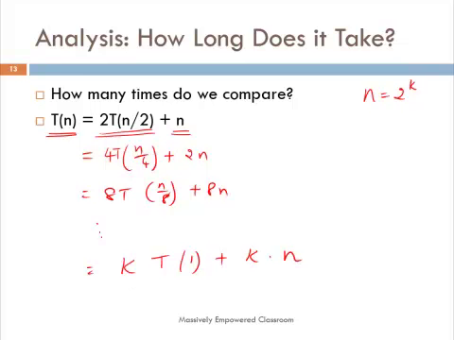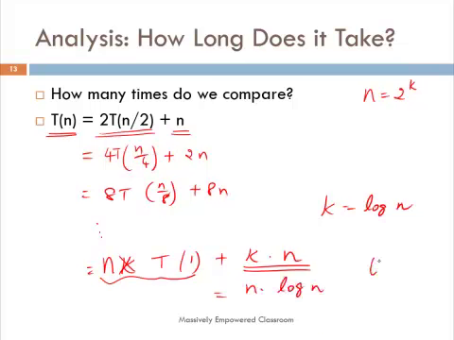The first factor is smaller, this is the larger one, so k is nothing but log n. We have already done such analysis, so this will be n log n, or we say merge sort's complexity is O(n log n). So that's the number of steps involved in doing merge sort.